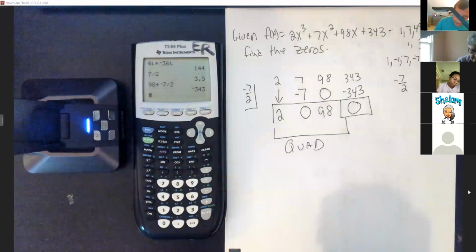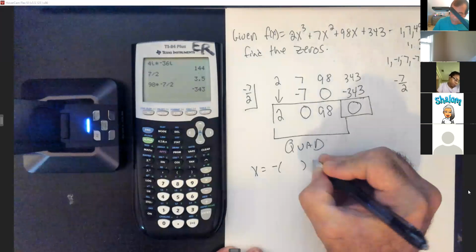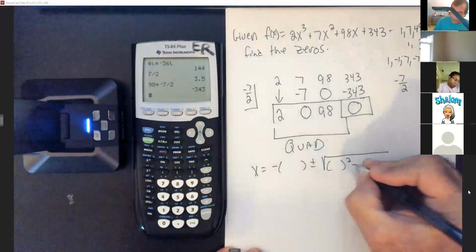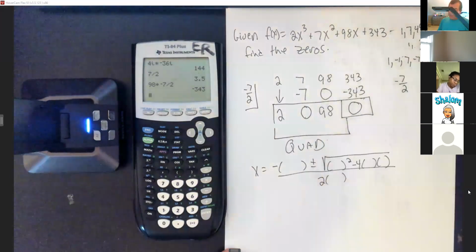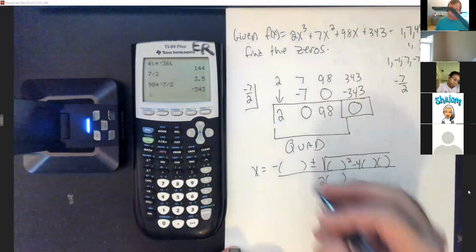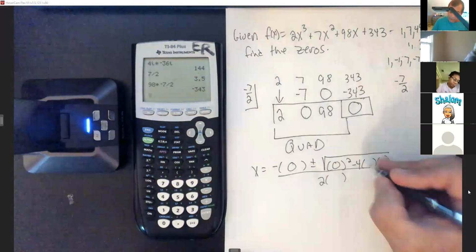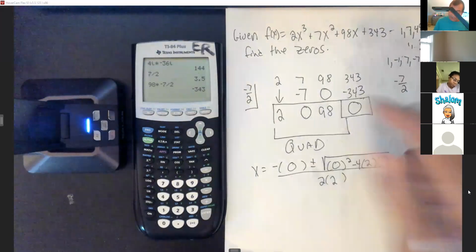So I would come in -b plus or minus square root b squared minus 4ac all over 2 times my a. And notice, once again, I got zeros on this for the b. A was a 2 this time. C was a 98.